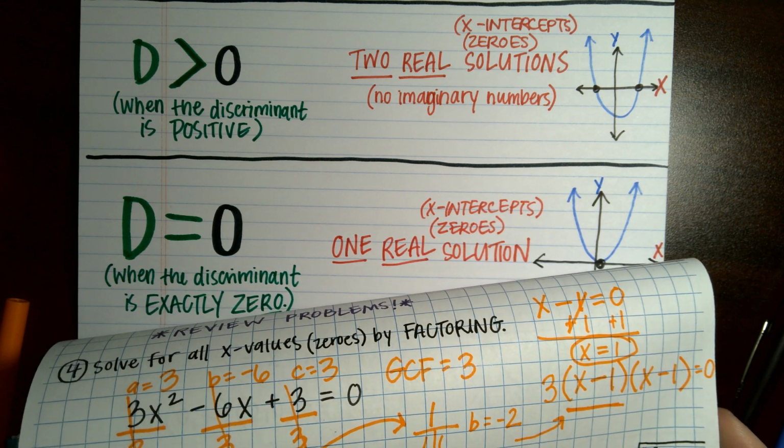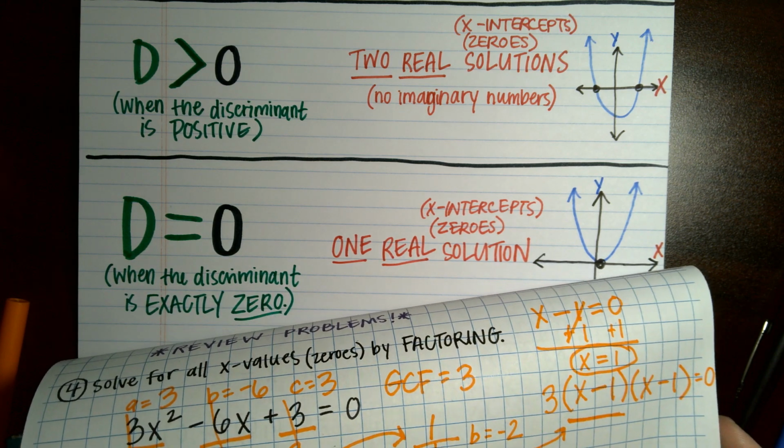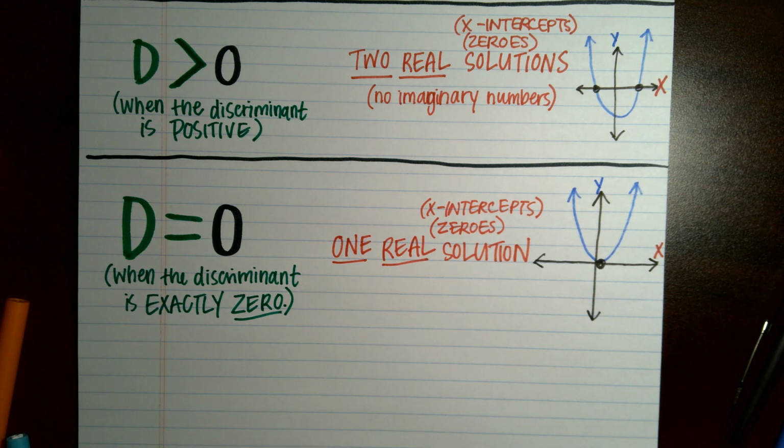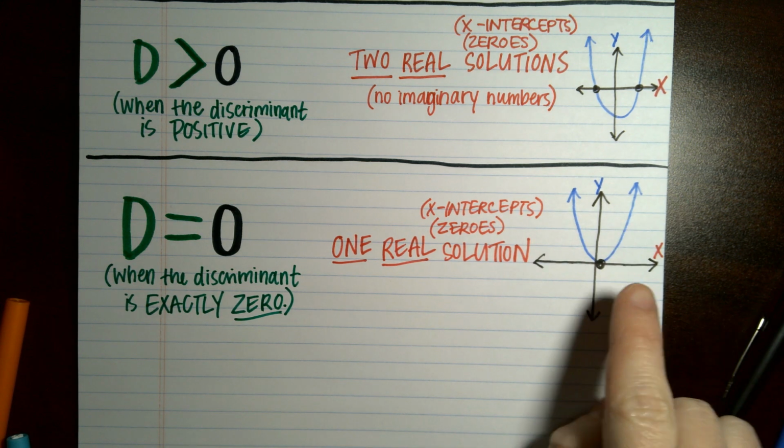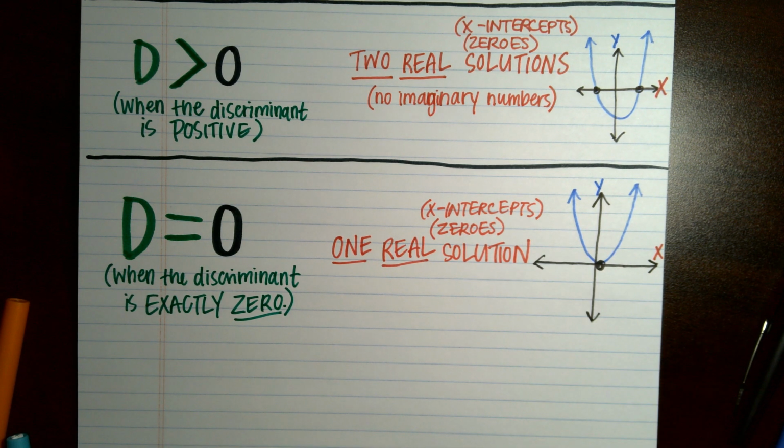I believe that's going to be a case where we have a parabola that just touches the x-axis once, just like that. So I bet if we tried using the discriminant formula for that equation, we would get 0.